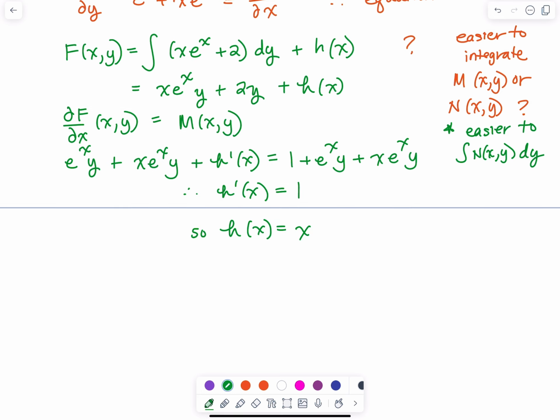Therefore, f of x, y is going to be x e to the xy plus 2y plus x. And of course, we got that from here.